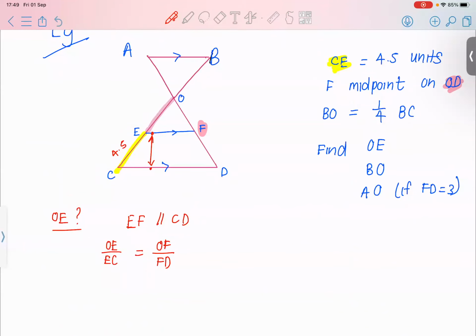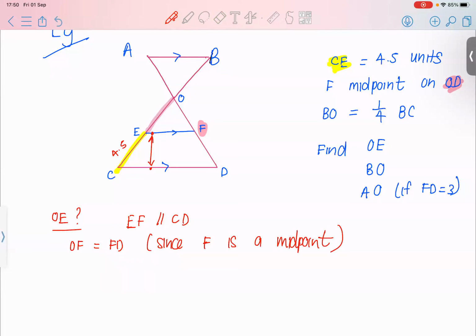Right. OF equals FD. Wonderful. So maybe I don't even need this. I know that OF equals FD since F is a midpoint. Okay, good. And then I apply theorem 1.